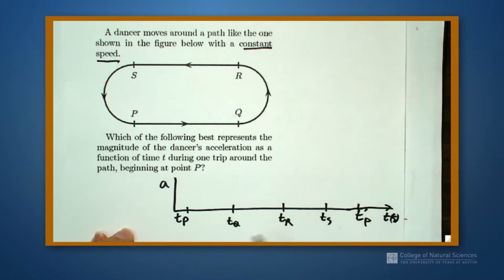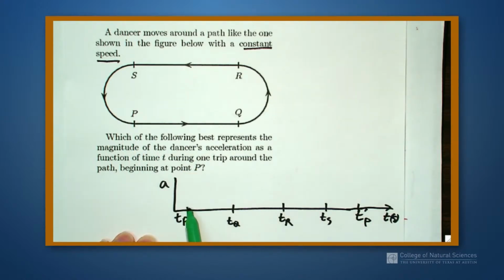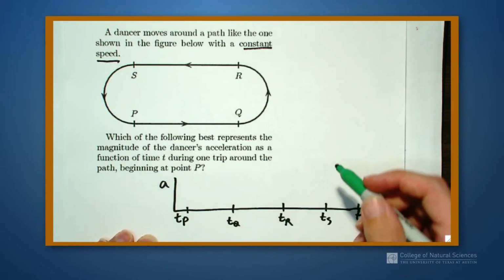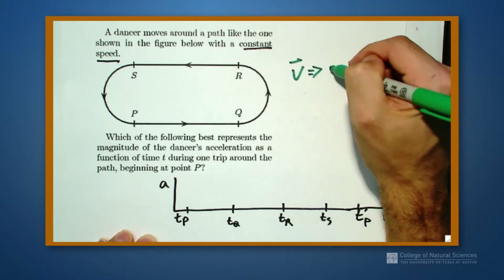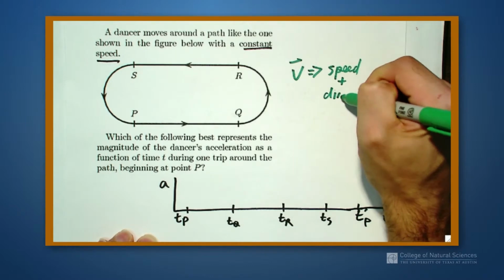Seconds. So when they go around this path from P to Q, we know that we're going at a constant speed in a constant direction. So we remember that our velocity is both a speed and a direction.